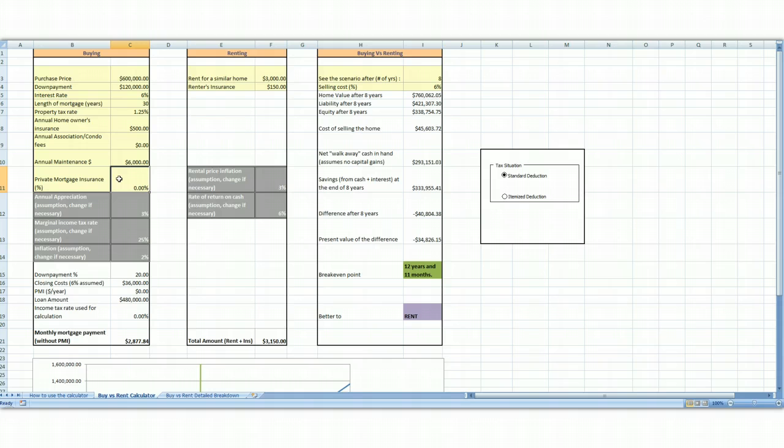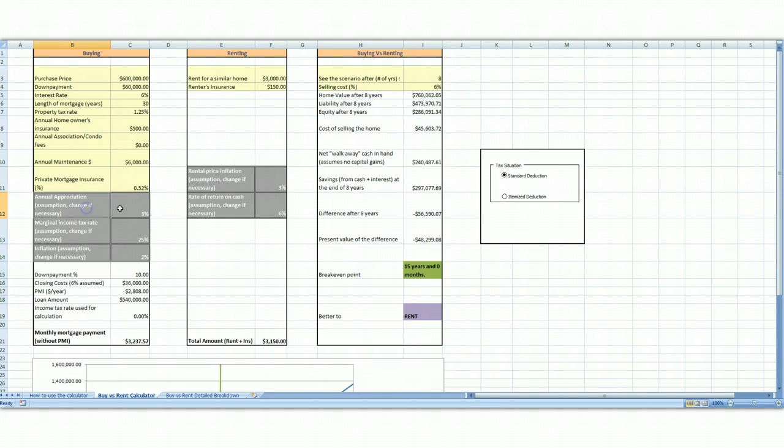And this PMI percentage, I have given the standard PMI rates based on how much down payment you have. In this case, for 20% down payment, it goes to 0. For example, if you don't have 20% down payment and have only 10%, it will automatically assume the standard rate. You can easily change this rate here if you know what your rate is going to be. That's it for the buying scenario.